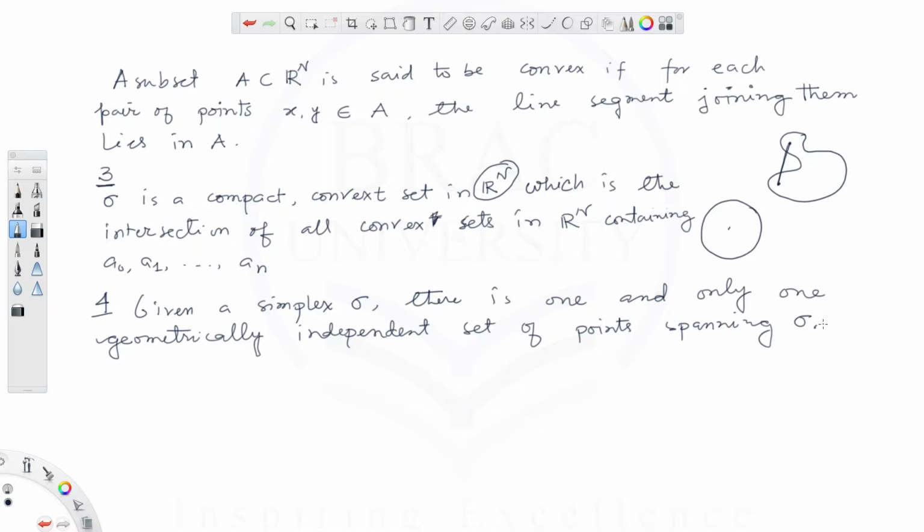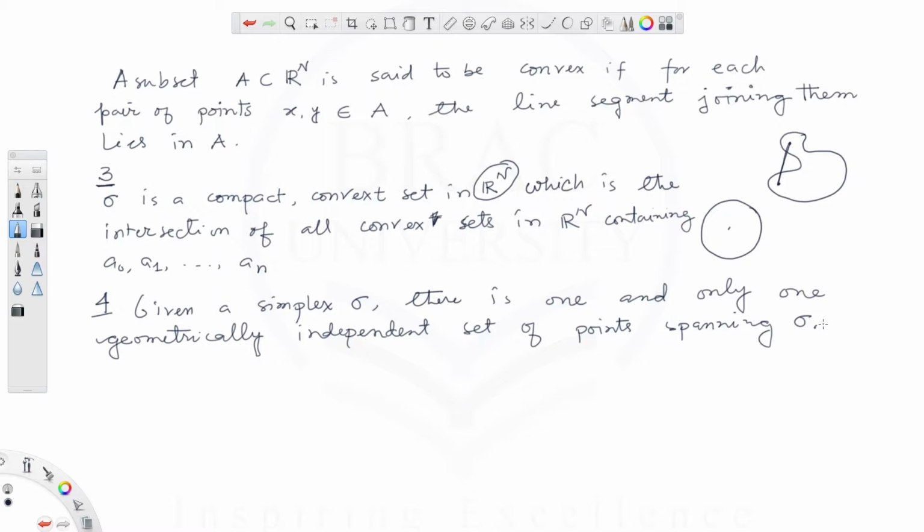While defining this n simplex sigma, we used n plus 1 geometrically independent points to start with.